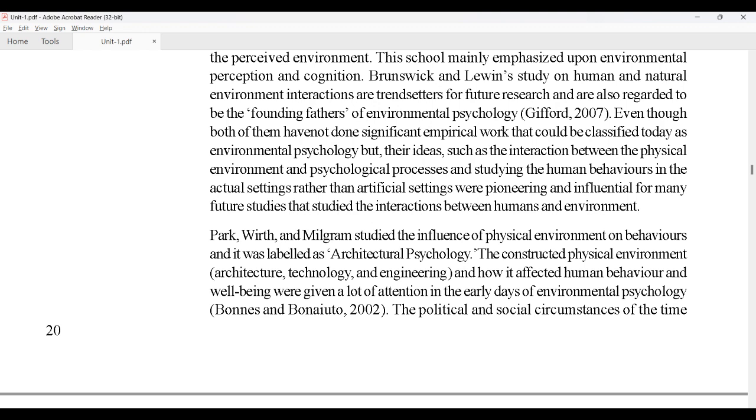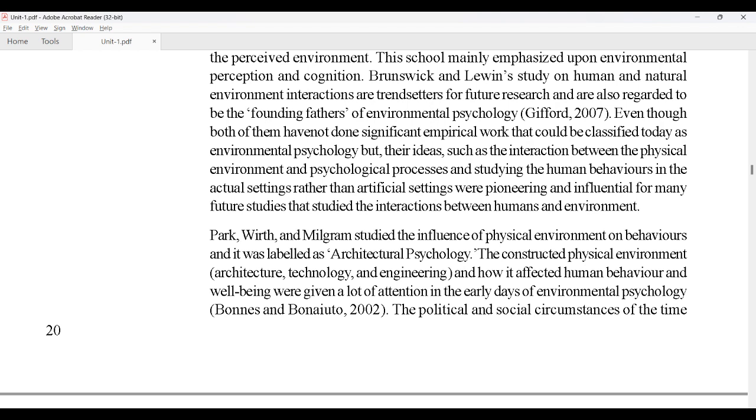Even though both of them have not done significant empirical work that could be classified today as environmental psychology, their ideas, such as the interaction between the physical environment and psychological processes and studying human behaviors in actual settings rather than artificial settings, were pioneering and influential for many future studies that studied the interactions between humans and environment.